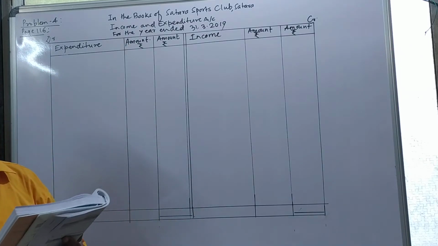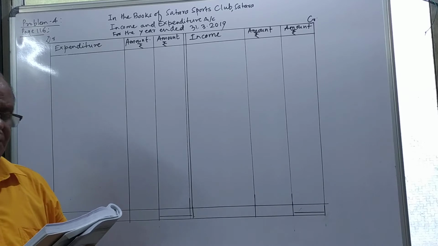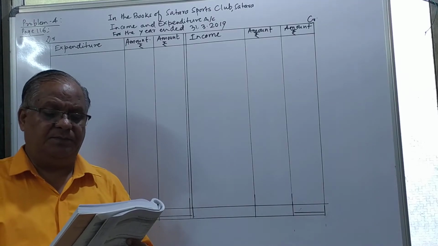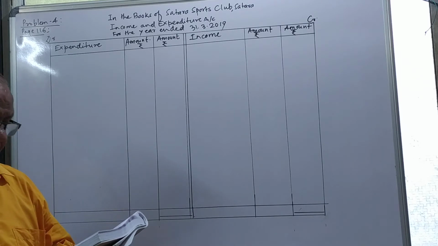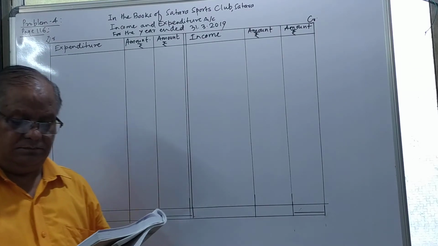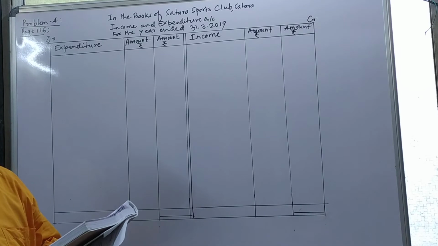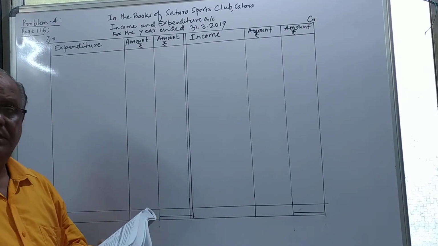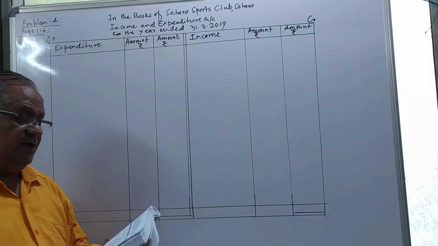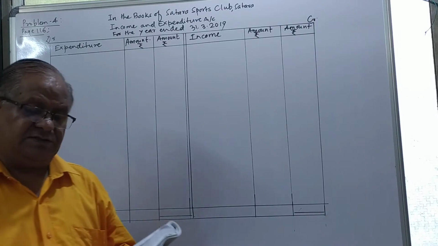All the possible expenses will be recorded on the expenditure side and all the possible incomes can be recorded on the income side. At the end we can ascertain the surplus or deficit.